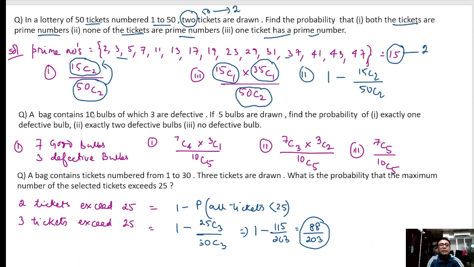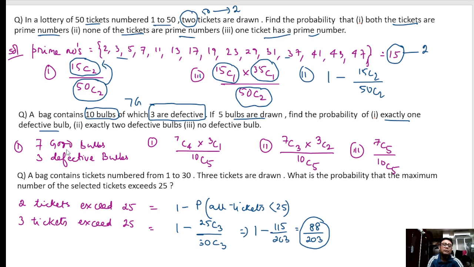Next, a bag contains 10 bulbs, of which 3 are defective. So 3 defective, so 7 are good bulbs. 5 bulbs are drawn from 10 bulbs. Exactly 1 defective bulb. I need 1 defective bulb and 4 good bulbs.